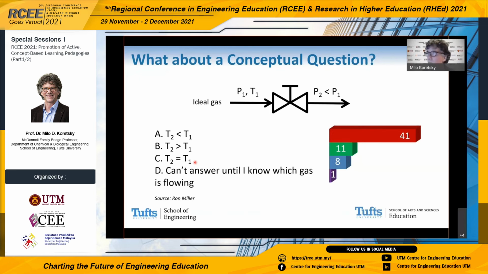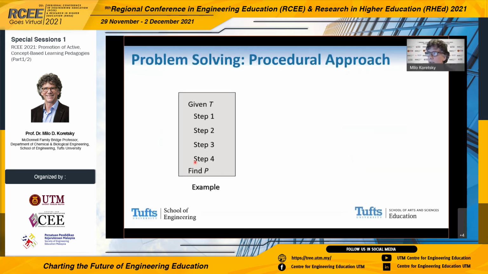Okay, so what's going on here? Well, one common way that's in culture to teaching is what I call a procedural approach, which is that students learn by example. And in the case of thermodynamics, they might be given some properties and shown steps and asked to find another property.